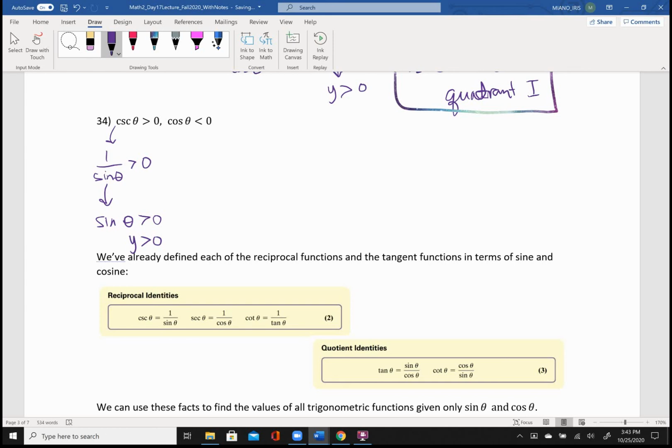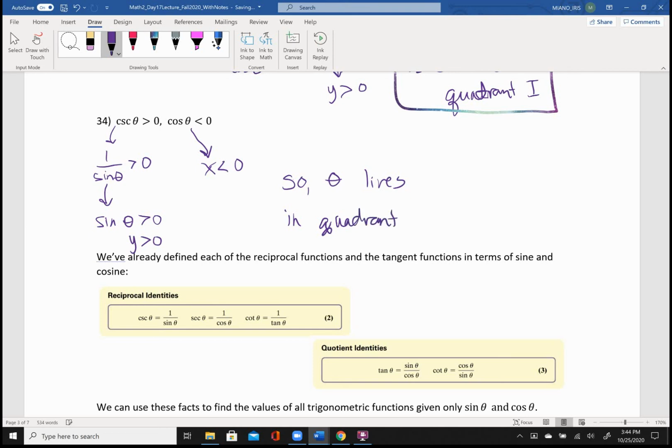So that means what? You're either in quadrant 1 or 2. And now the other piece of information here, cosine being negative, means that the x value is negative, right? Because cosine theta equals x. Okay, so positive sine, negative cosine, so positive y, negative x, that means you must be in which quadrant? Quadrant 2. Yep, that's the only one that matches this scenario here. So theta lives in quadrant 2.